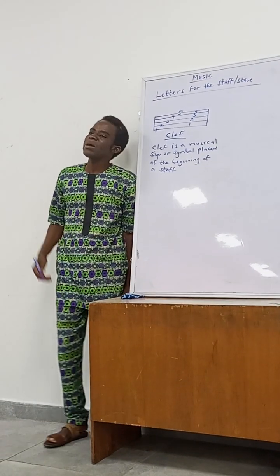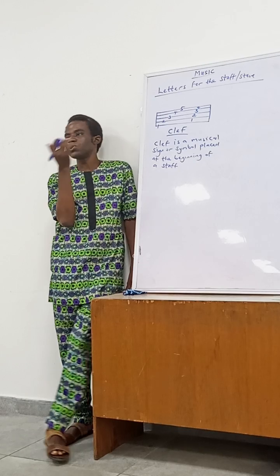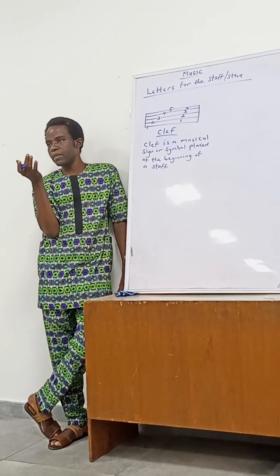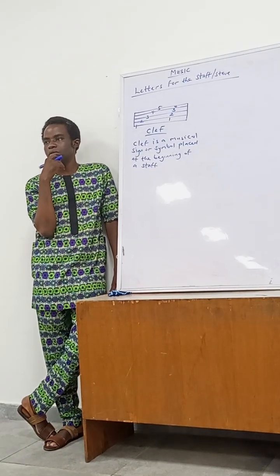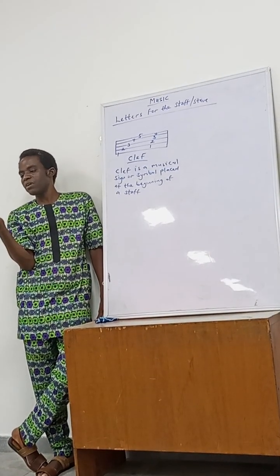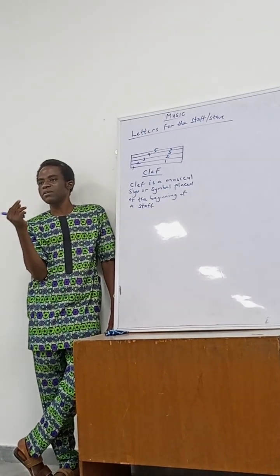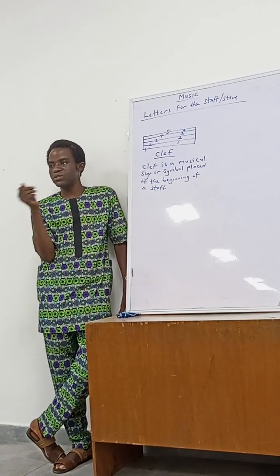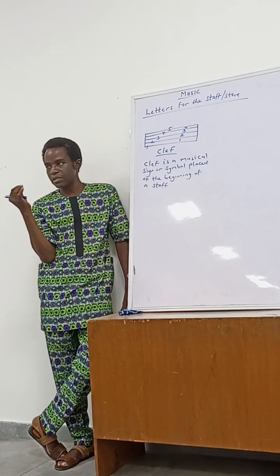Now, how am I going to know the type of clef to be drawn in the staff? This leads us to what we call types of clefs. In music, we have 4 types of clefs: treble clef, alto clef, tenor clef, and bass clef. But I'm going to be restricted to only treble and bass clef.